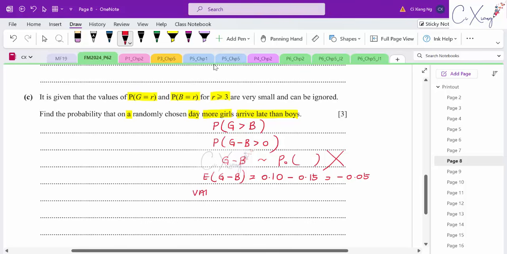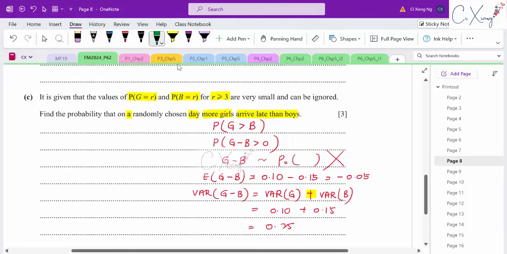If you try to find the variance, like what we learned just now, the variance of G minus B is not a minus. It should be a plus: the variance of G plus the variance of B. In Poisson distribution, mean and variance are the same value, so I should have 0.1 plus 0.15, and from here you get 0.25.